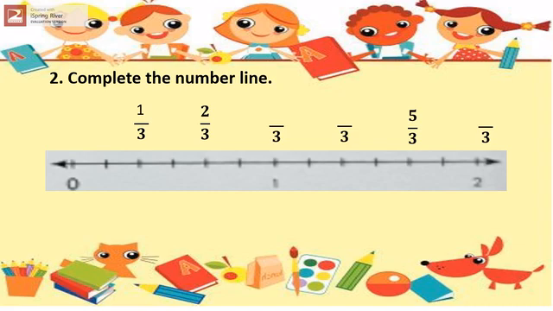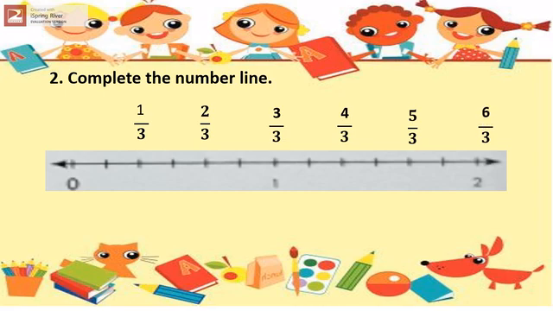So here we have 1, then we have 2, next to 2 is 3. We have 3 followed by 4, 5, and what's next to 5 is 6.